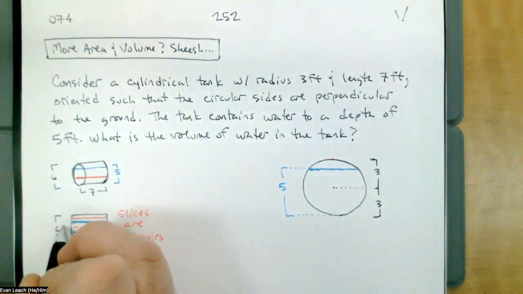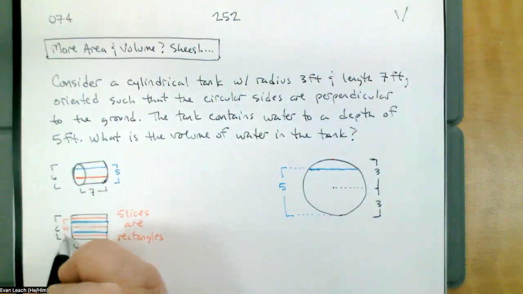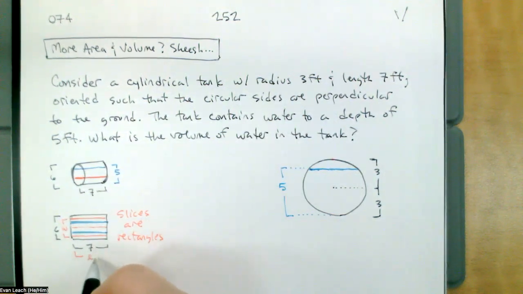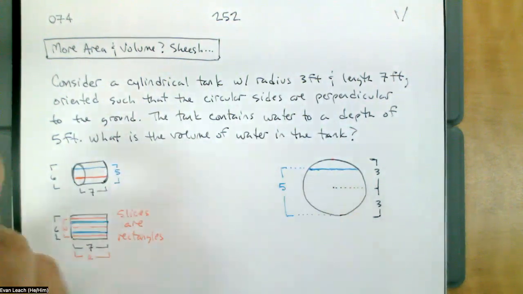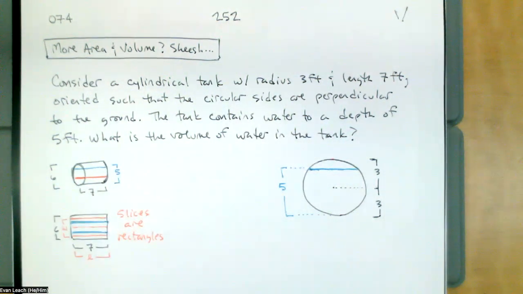Where we have a width and a length. Now, the width of the rectangle is the part that's variable. It looks like the length of all these rectangles is always going to be 7.